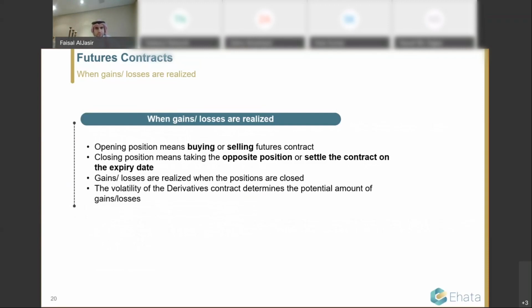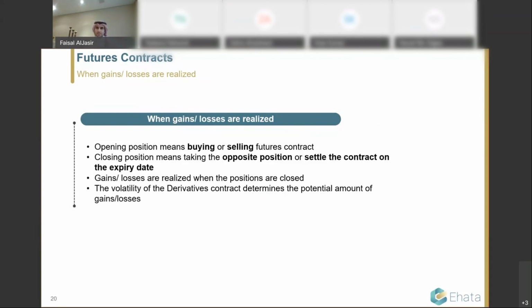Okay. So again, as I mentioned, opening a position doesn't mean buying or selling a future contract. You don't say you're open just because you have bought. You have a position open even if you are a seller at maturity.